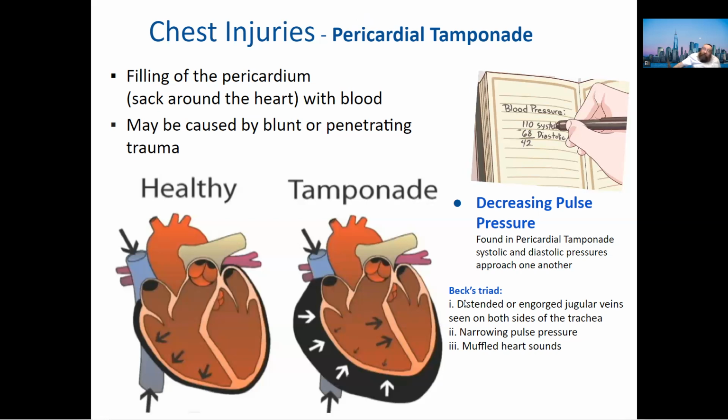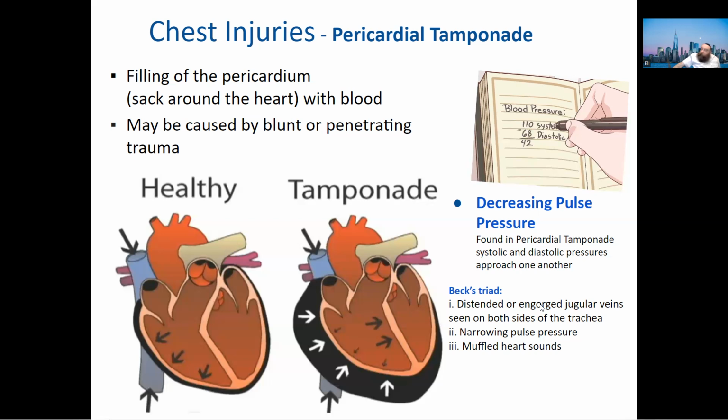Something here called Beck's triad. Again, it's not in the EMT curriculum. It's good to know. Engorged jugular veins. So there are veins on either side of the neck. And if you can see them when a person is semi-Fowler's, that's distended or engorged, okay? Large jugular veins.